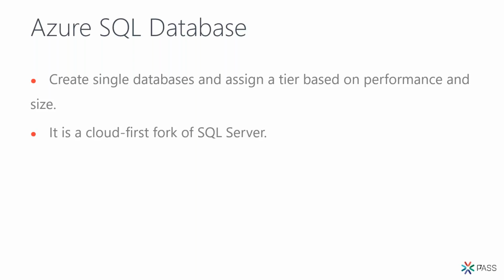It is a cloud-first fork of SQL Server. What that means, like I said, is that Microsoft will work on the code for Azure SQL Database, and then they incorporate that back into SQL Server. We actually saw that with some of the newest features, for example dynamic data masking, row-level security, and Always Encrypted.